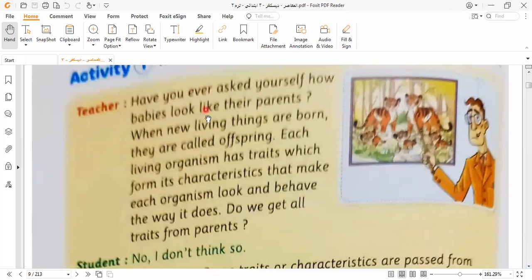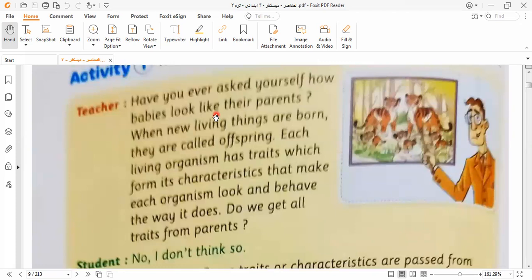Have you ever asked yourself how babies look like their parents? If parents have blue eyes, we have blue eyes. If our parents have brown hair, we have brown hair. If parents have yellow eyes, we have yellow eyes.